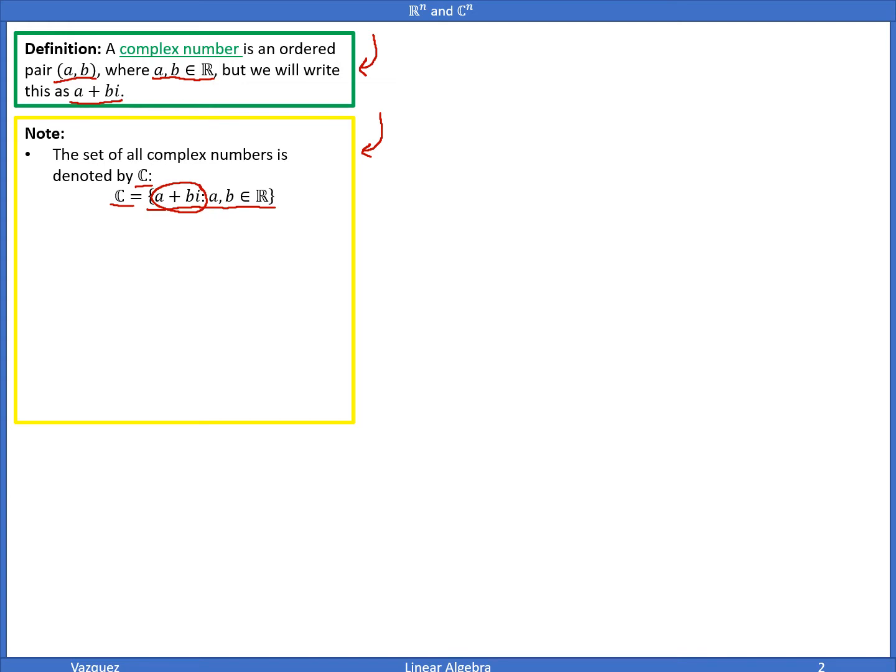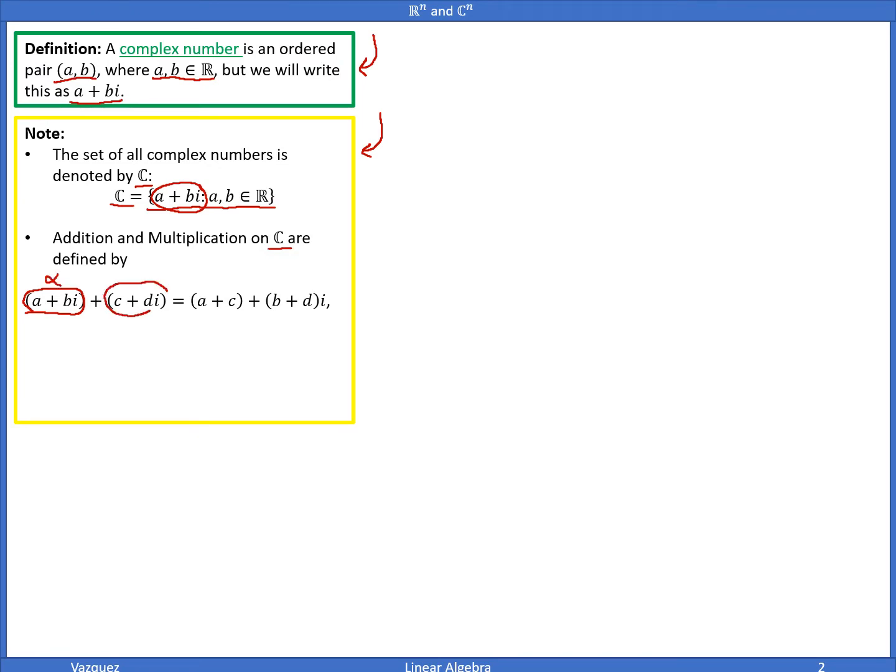But anyway, as we move on, we have the complex numbers, and now we can define what addition and multiplication on these complex numbers is. So they're defined by (a + bi) + (c + di). Here, this is addition. We have one complex number here, I'm going to just call it alpha, and we have another complex number here, I'm going to call this one beta.